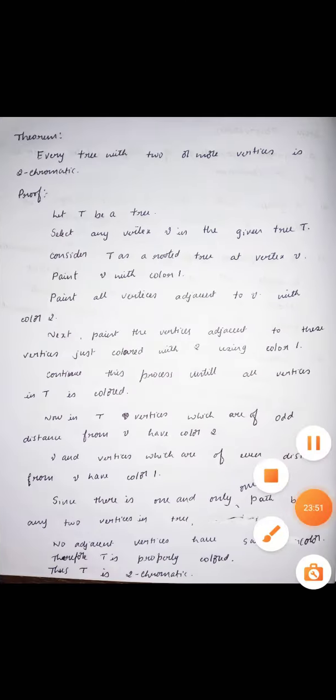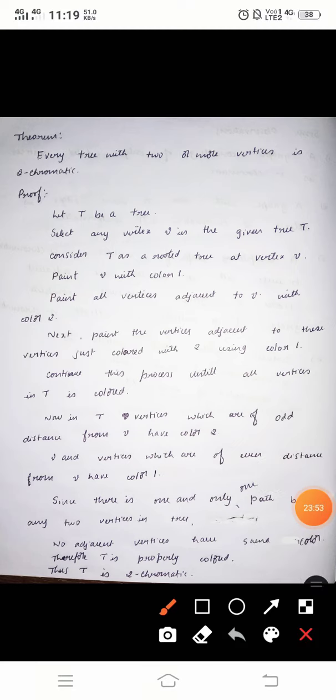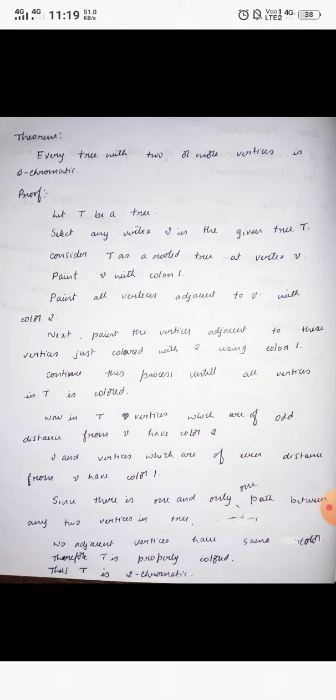Next, continue this process until all the vertices in T are colored. What we have to do?